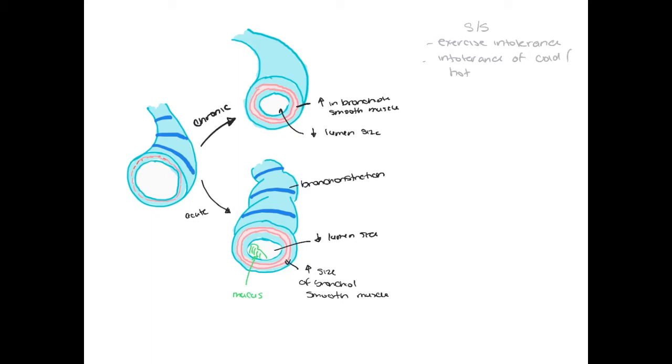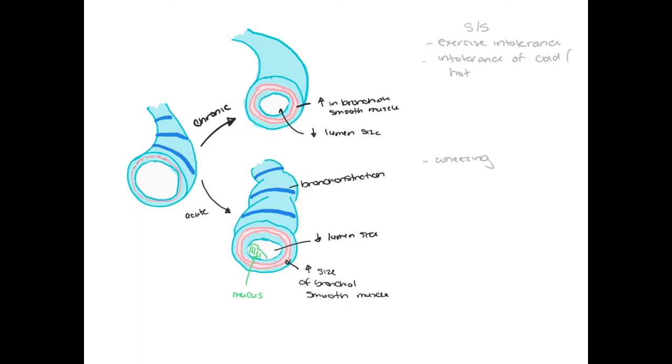It's going to lead to a number of characteristic signs of asthma. One of the things that we often see in this patient is wheezing. Wheezing occurs as the person is trying to move air through the narrowed airways. As we see with asthma, the bronchiole has become much smaller.